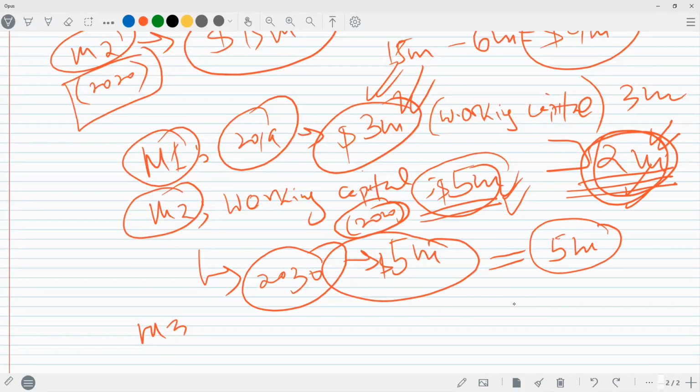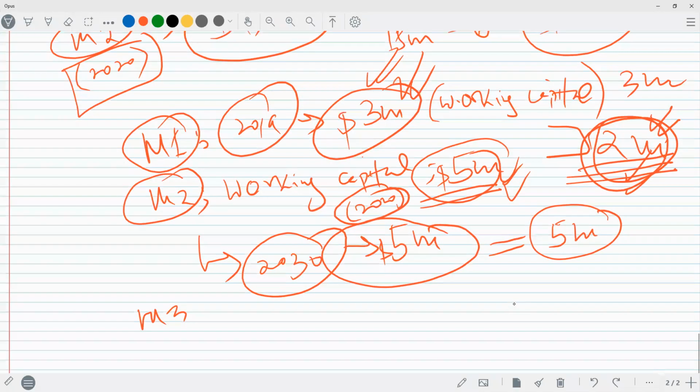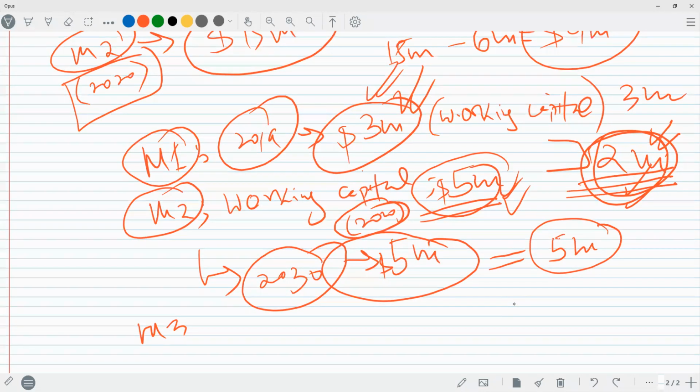Now, if in the year 2030 the company is going to replace machine 2 with machine 3, do we require to dispose of the working capital? In the year 2030, the company wants to buy another machine 3, and the total working capital required at machine 3 is 5 million. Do we need to recover the 5 million?